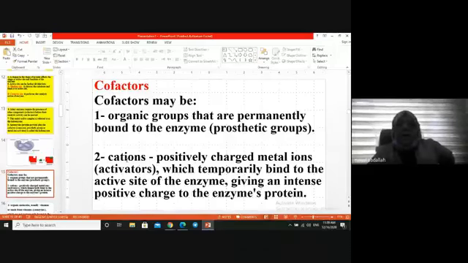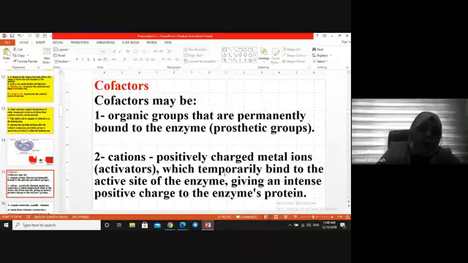Organic groups permanently bound to the enzyme are called prosthetic groups. Cations, positively charged metal ions, are called activators, which bind temporarily to the active site of the enzyme.